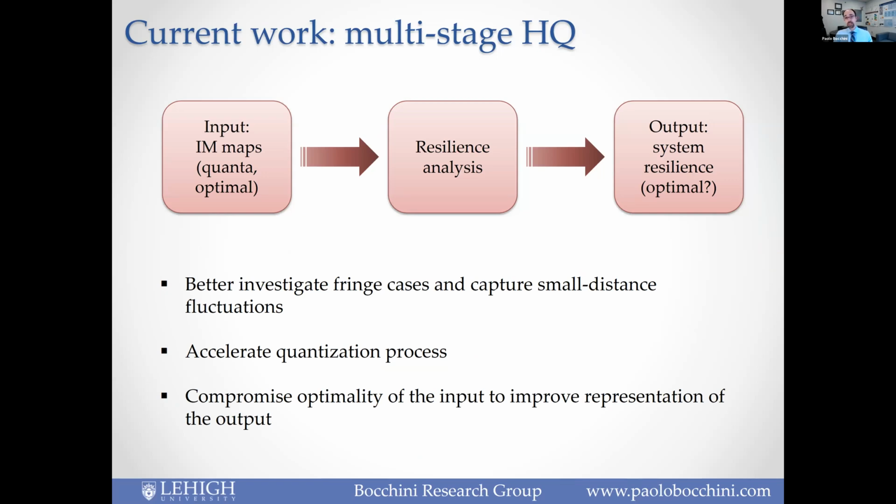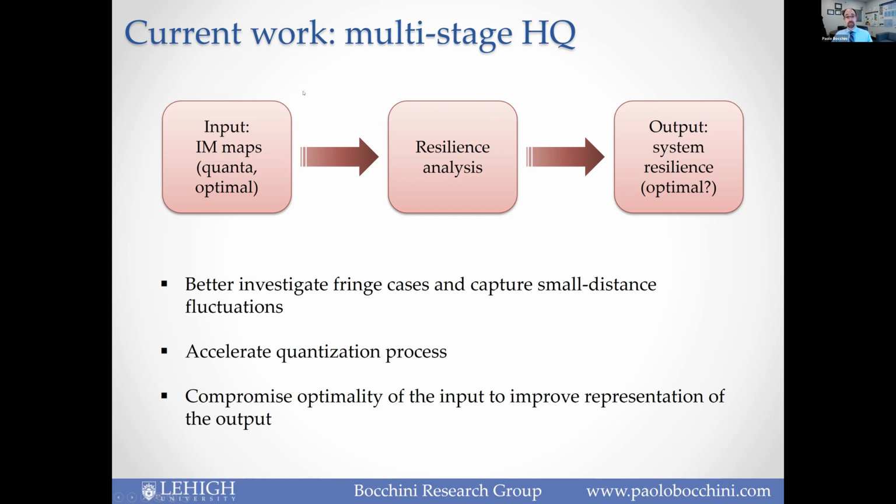Finally, where all this is going, one of the things that I never liked about this is the fact that the problem consists in having an input that is our intensity measure map, given by the optimal quanta. We have a proof of optimality of this, and then we do a resilience analysis, and then we get as output our system resilience.